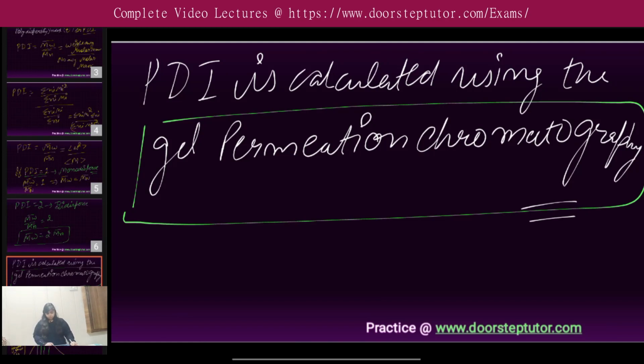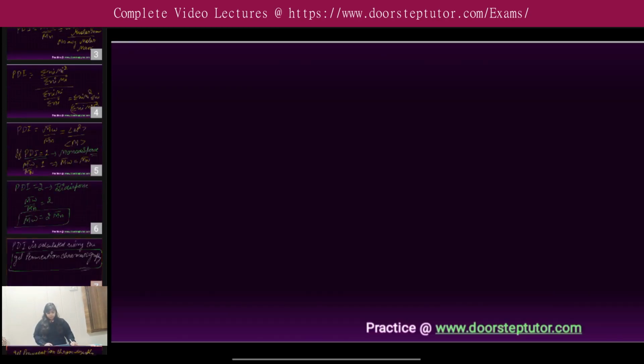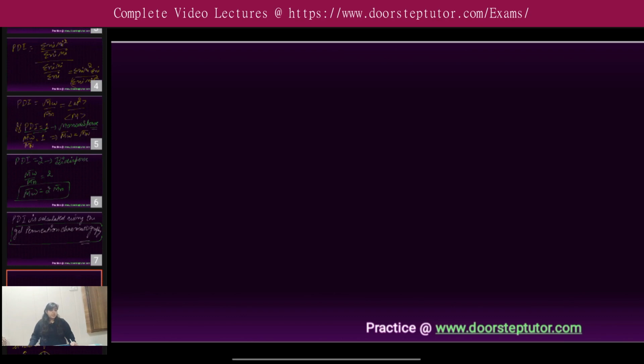Okay, so now the next thing we have to look at is the graphical representation for the fractional distribution of the molecules having a particular weight, that is the number average or the weight average. So what fraction of the molecules have a weight corresponding to that weight? That means we have to draw a plot for the fractional distribution of the molecules against their masses.